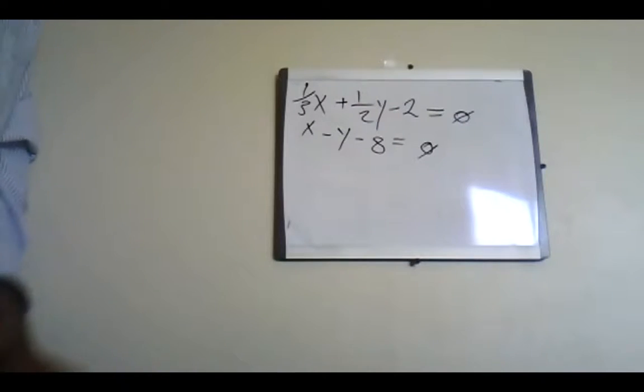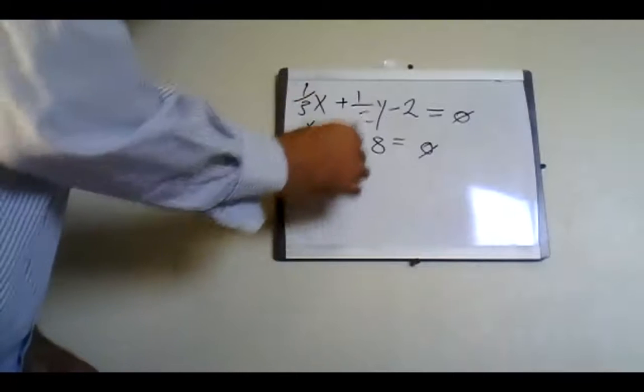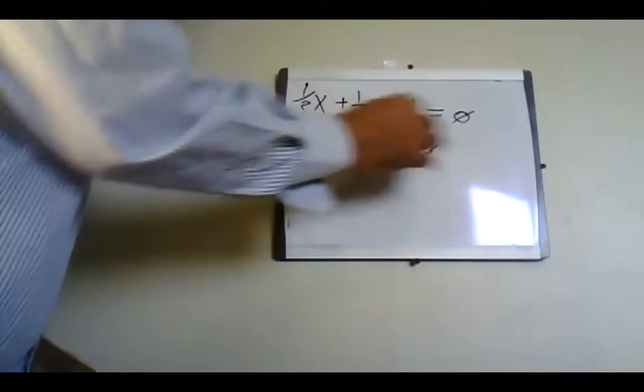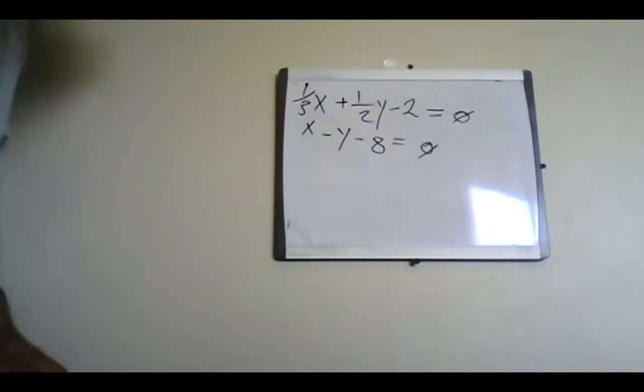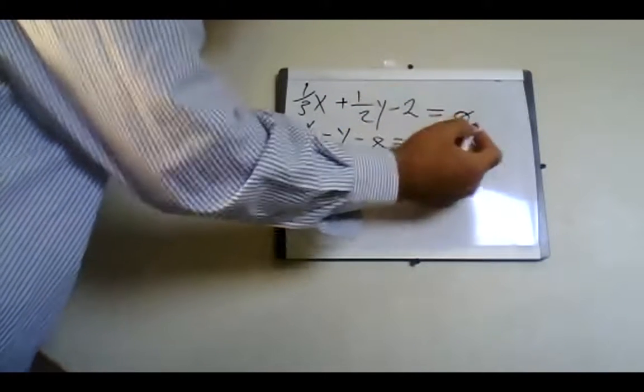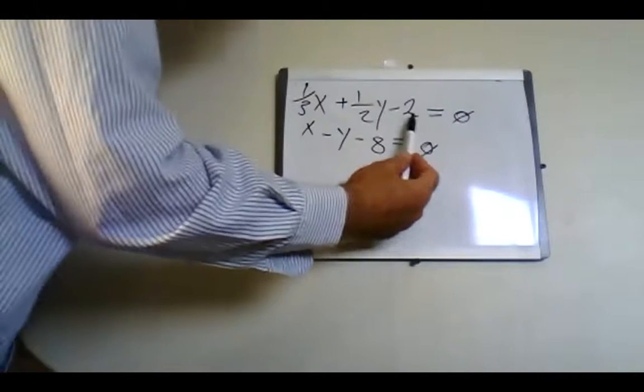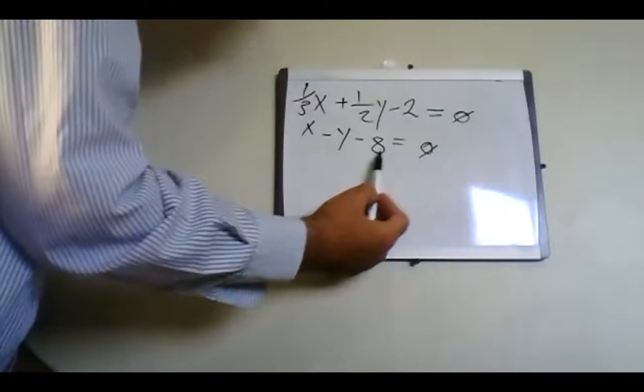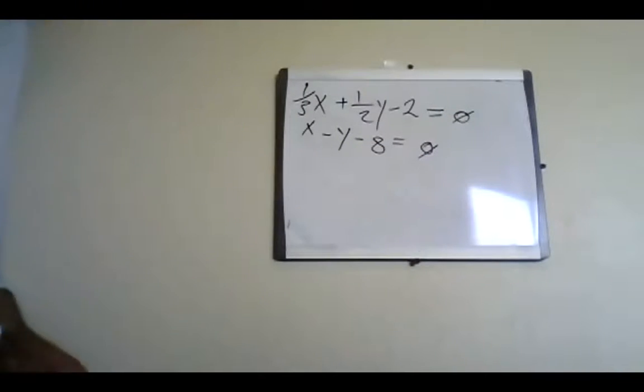I cannot solve like this because the x and y must be in one part and the numbers must be in the other part. So I have to pass these numbers, 2 and 8, after the equals sign.